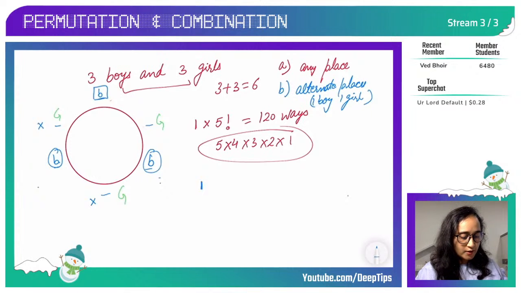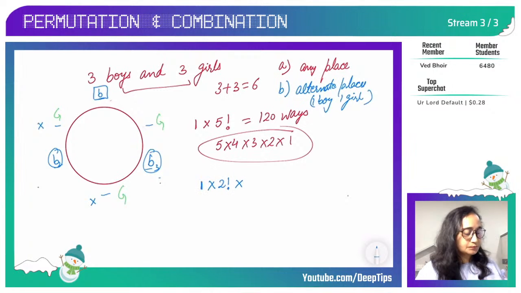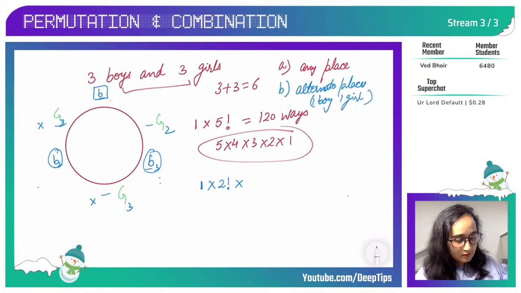Either boy 2 and boy 3 can sit like this, or they can switch the places. So into 2 factorial. Now the remaining 3 girls, girl 1, girl 2, girl 3, they can sit this way, or girl 2, girl 1, girl 3, right?